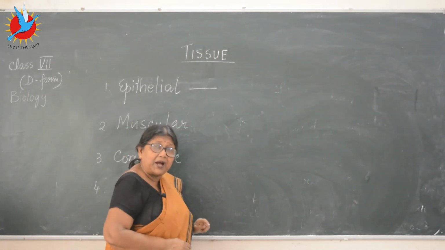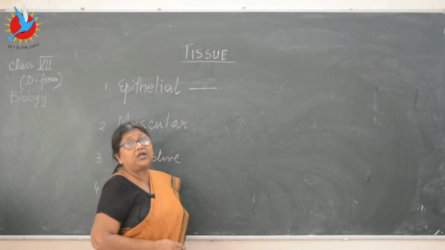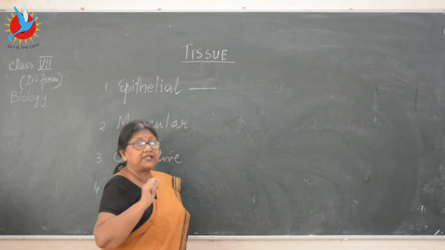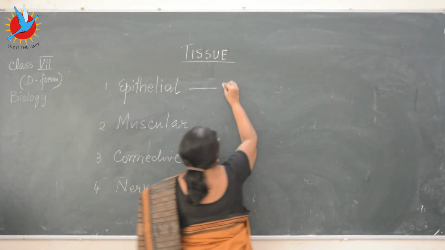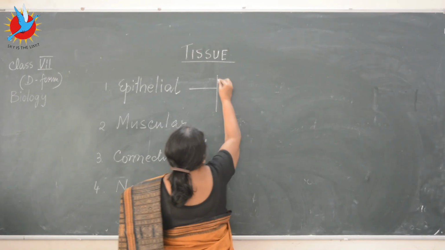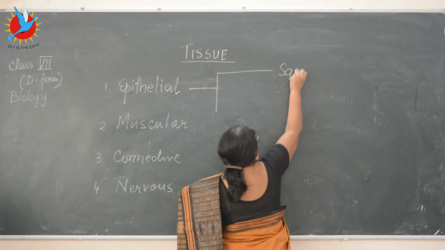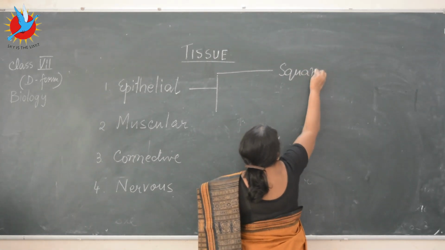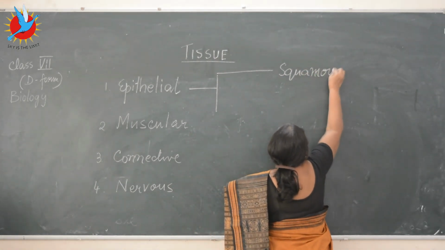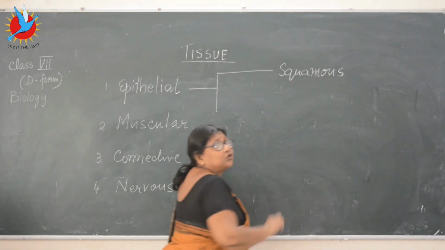According to the different parts, epithelial tissue again is of different types. What are they? This is called squamous.